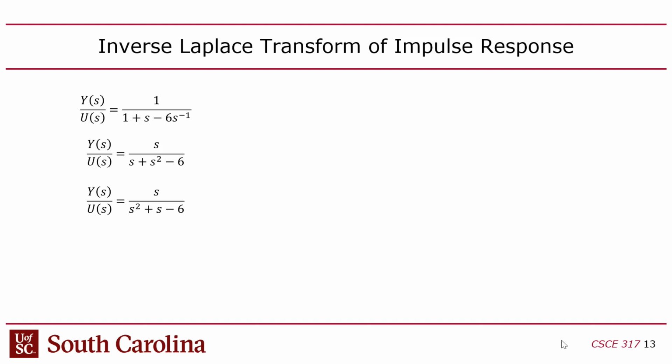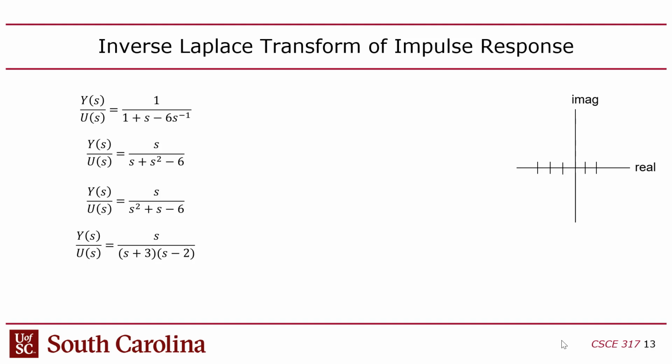And then we can take the denominator and rewrite it as s plus 3 times s minus 2. The poles here, there's a second order polynomial in the denominator, so there are up to two poles. In this case, it's s equals minus 3 and s equals 2. So either one of those values of s will make the denominator 0.